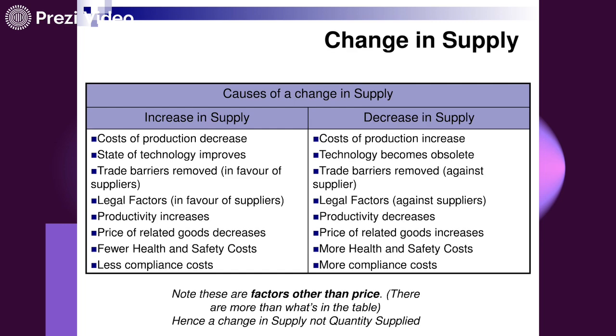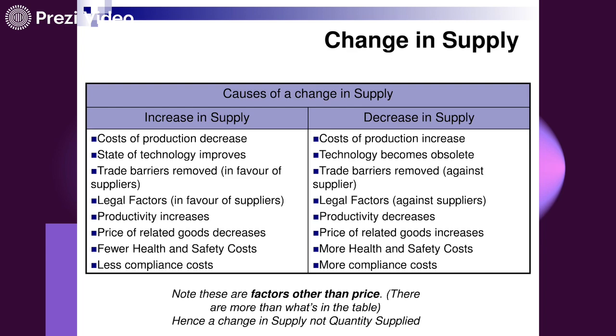So overall, my cost to produce these plants have now decreased. Therefore, I'm going to increase my supply. Number two, state of technology improves. So maybe I don't need to do it all by hand now. There's a machine available that I could purchase. That's going to increase my supply.